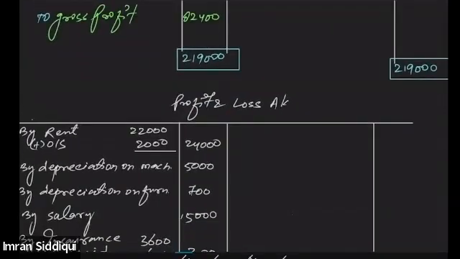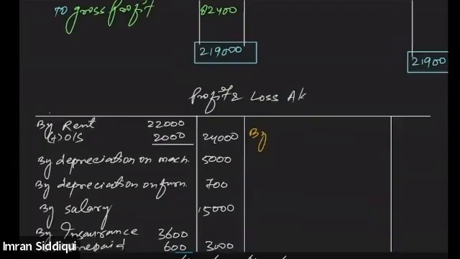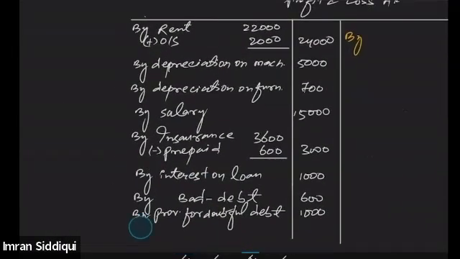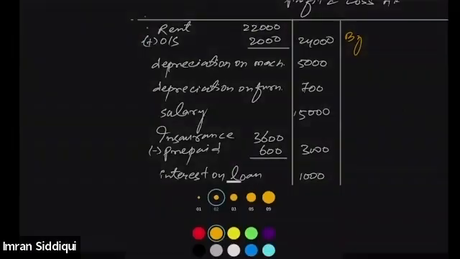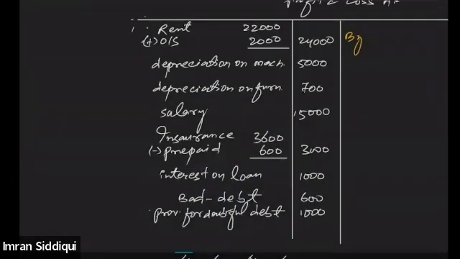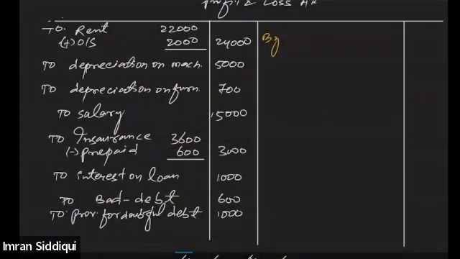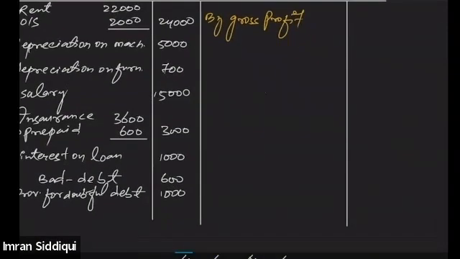Okay, and now we'll carry forward. We'll transfer the profit to the P&L on the credit side, obviously. Write down by gross profit, $82,400.